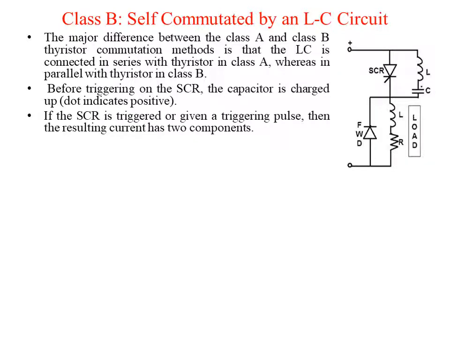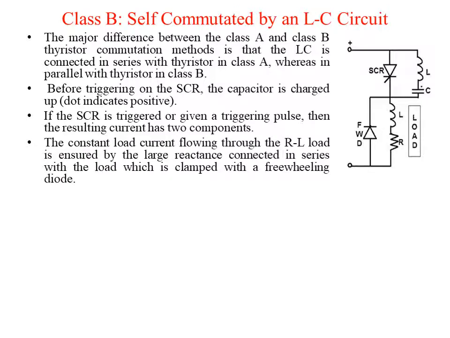If the SCR is given a triggering pulse at the gate, then the SCR will get triggered. Then the resulting current has two components: the constant load current flowing through the RL load is ensured by a large reactance connected in series with the load, which is clamped with a freewheeling diode.